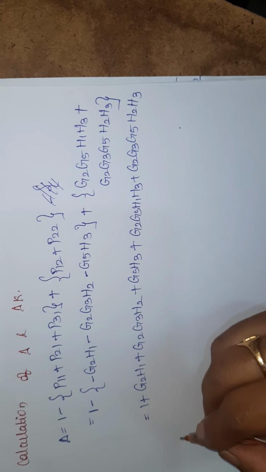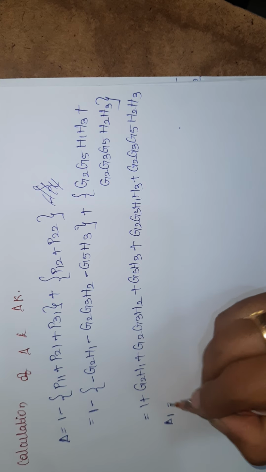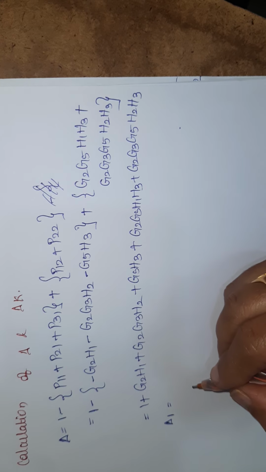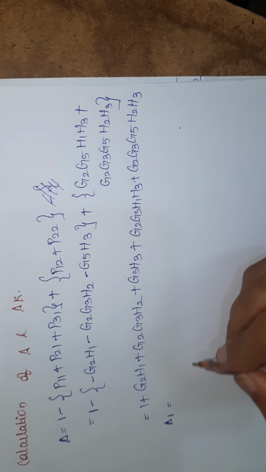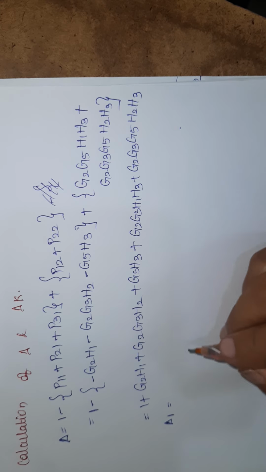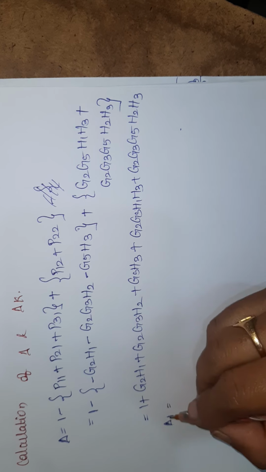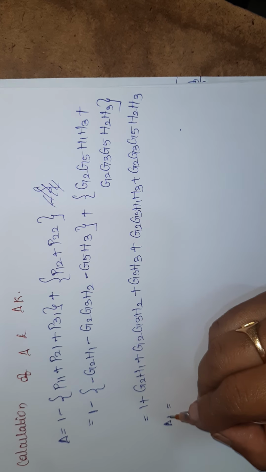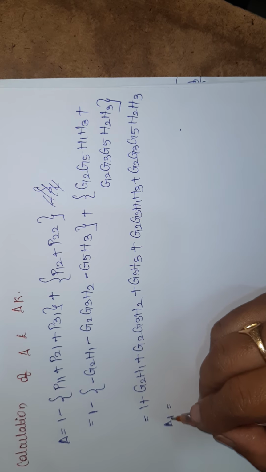Okay, and what is del K? Del K is nothing but del for that part of the graph which is not touching the kth forward path. So how many forward paths are we having? 2. So we have to calculate del 1 and del 2.